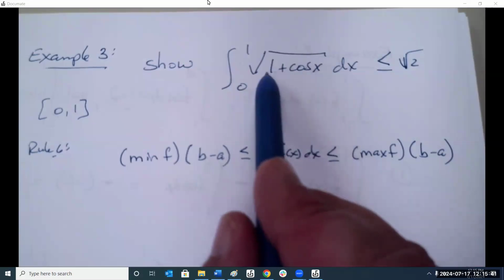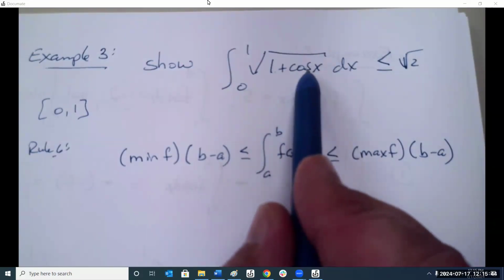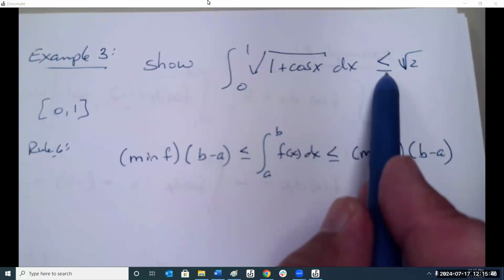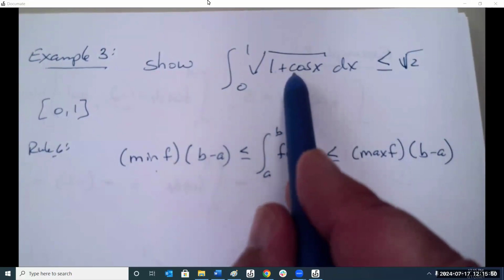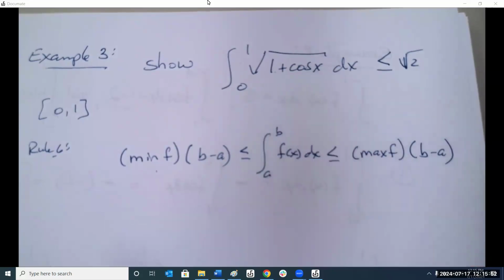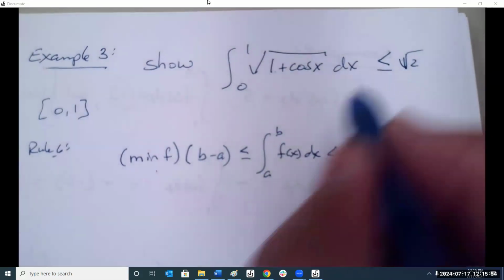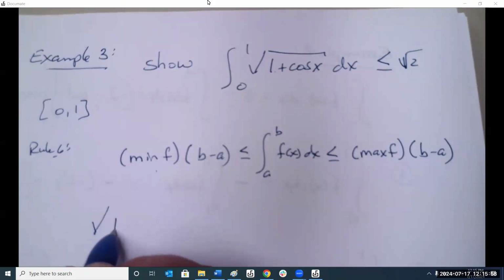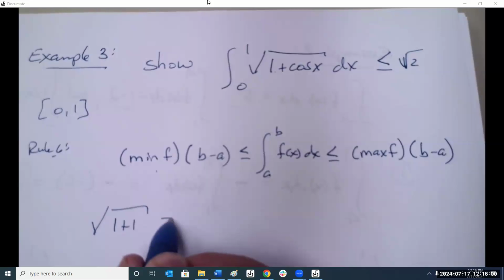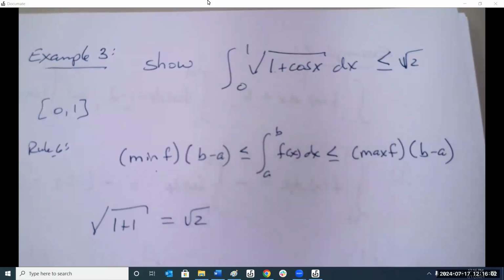The biggest it could be is 1 plus 1, which is the square root of 2.